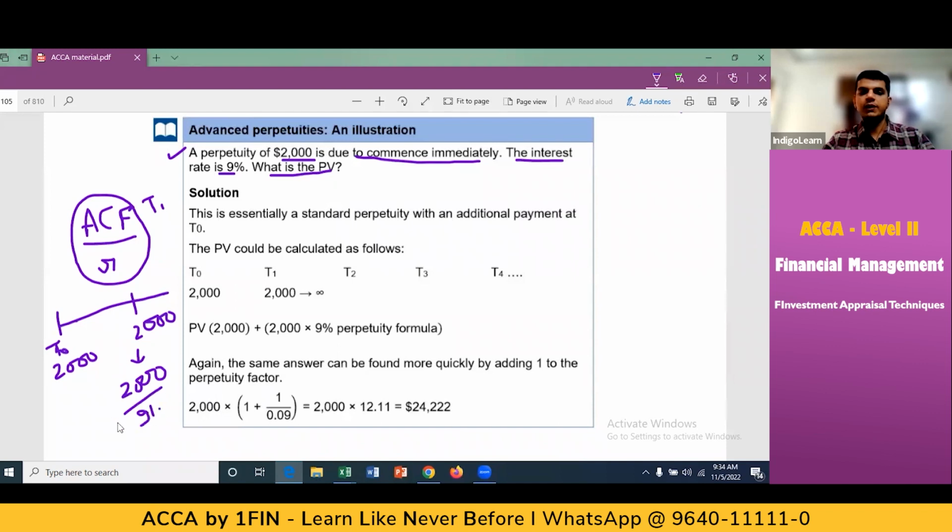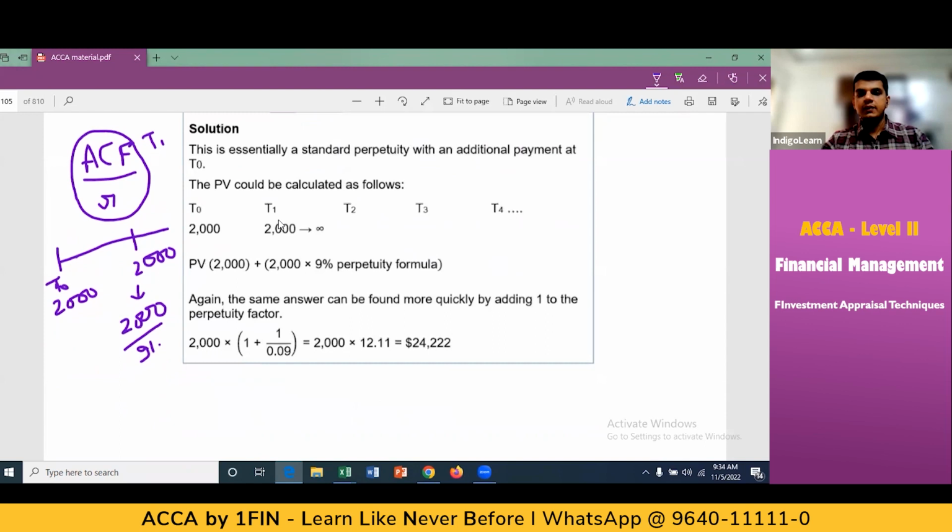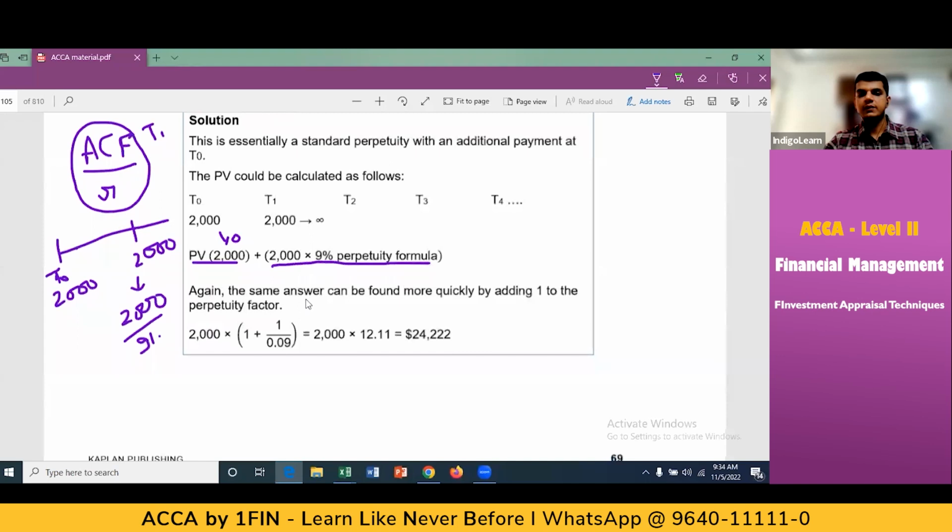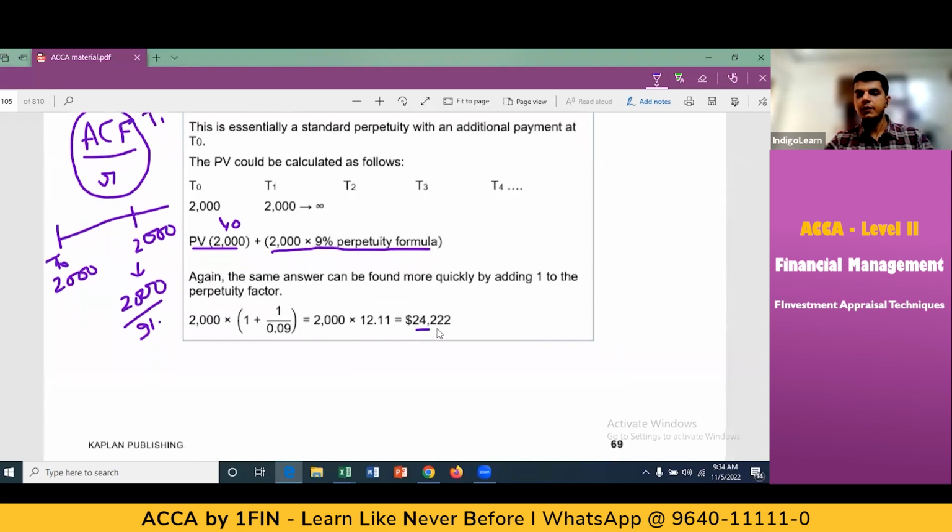Whatever be the amount, you can just add 2000 to it and you will get the total present value of this 2000 being received immediately till perpetuity. So that is the present value: the 2000 year 0 amount received plus whatever perpetuity you will be getting from year 1. So in totality it will come to 24,222.